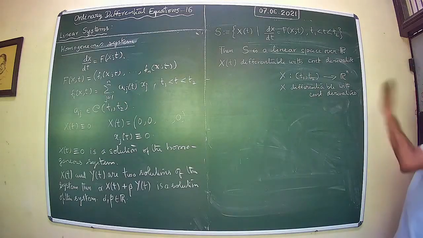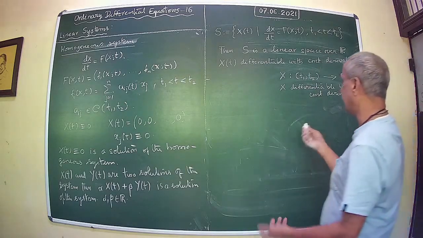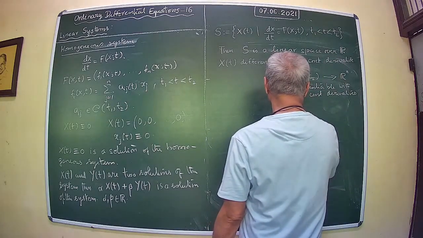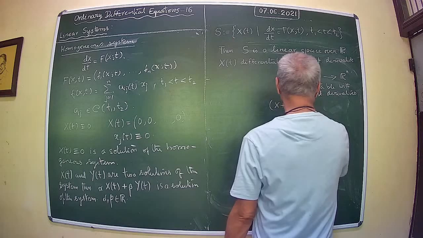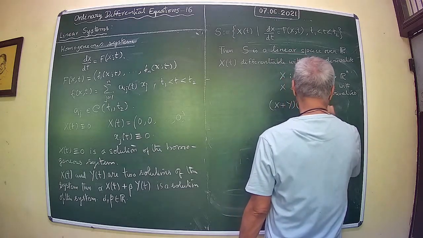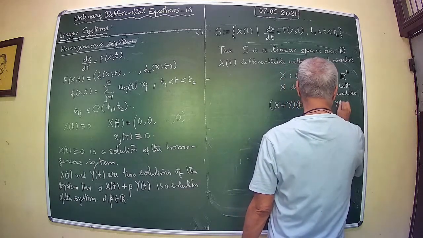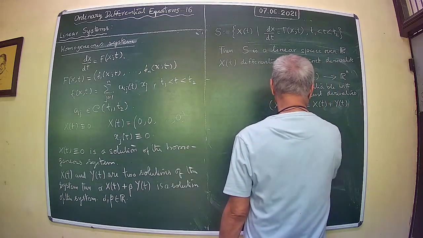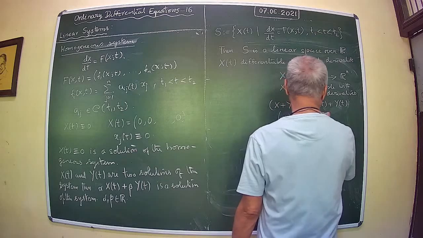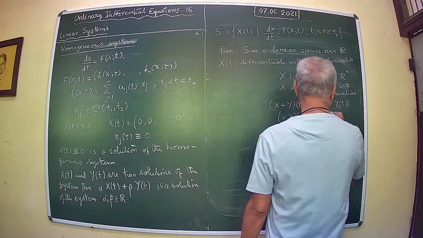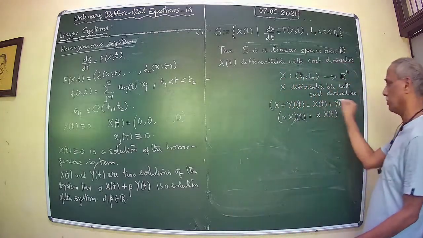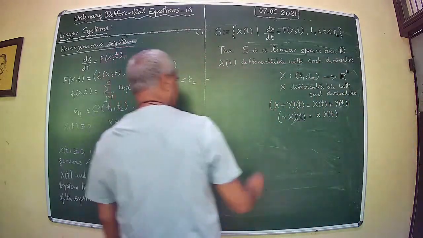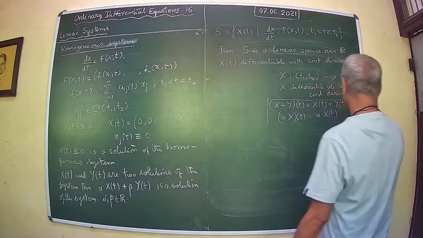Then this collection forms a vector space where the addition is of course x plus y, and these are vectors, you remember, these are vector valued functions. So it is well defined. Okay. So this is the linear space operation.